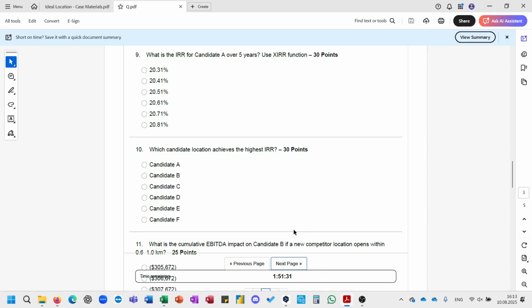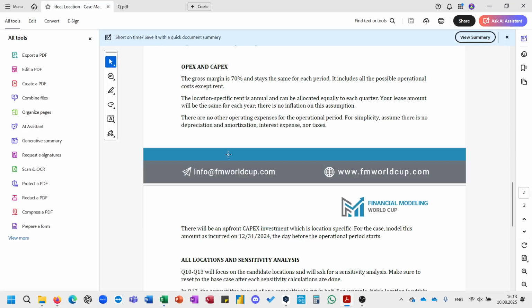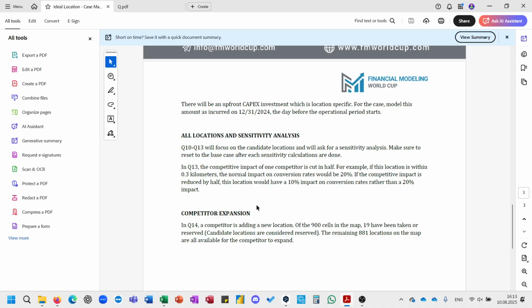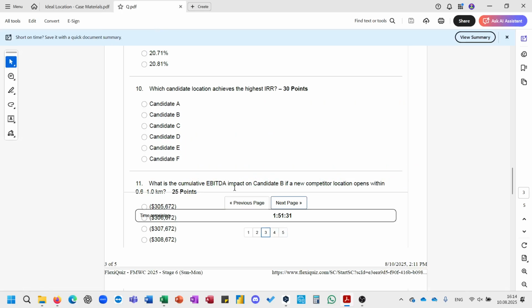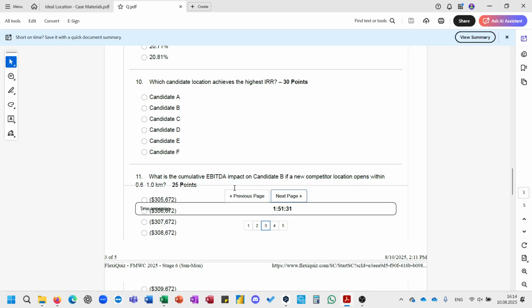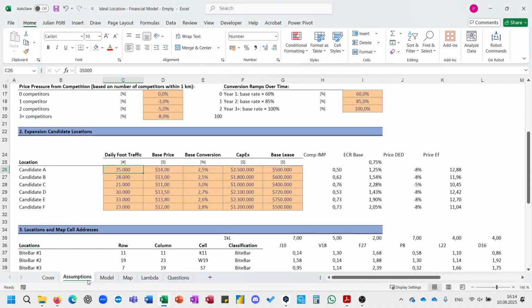Question 11. Now there's also a small hint in the instructions because Q10 to 13 are sensitivity analyses. So cumulative EBITDA impact on B if a new competitor opens within a certain bracket, in the last brackets, that will have an impact.